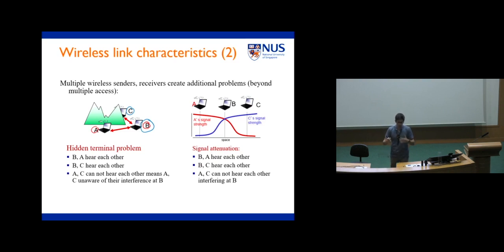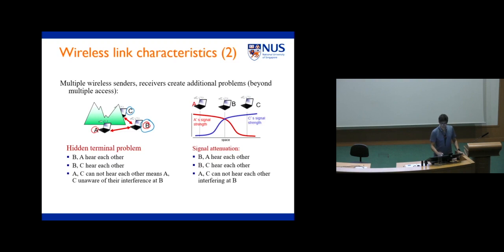And then if it doesn't hear anything, it will start transmitting to B. But in this case, there is an object in between A and C. But that object does not prevent them from communicating with B. So what happens is A and C cannot hear each other, but they are both sending to B. And because B is receiving two signals at the same time on the same frequency band, these transmissions will interfere with each other.